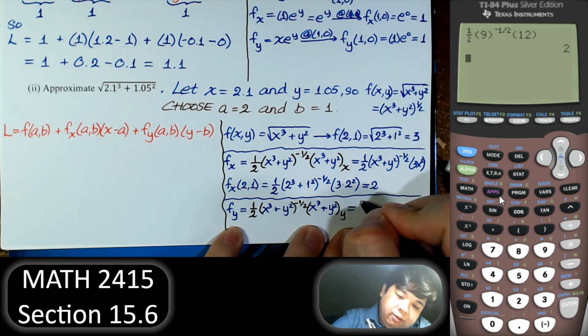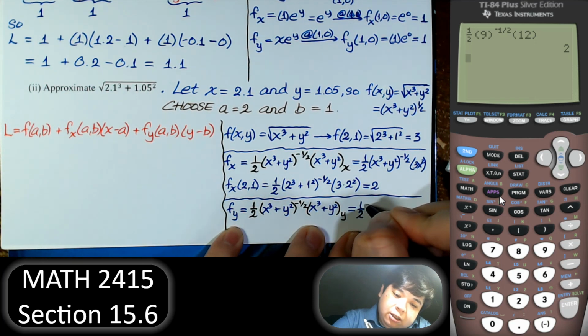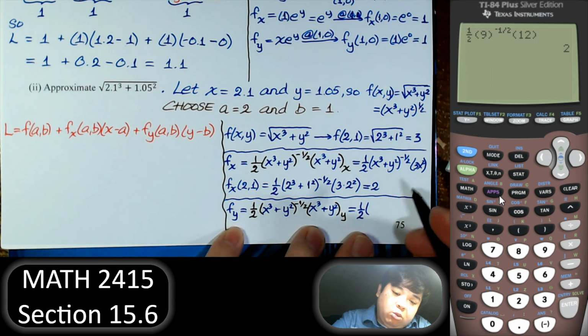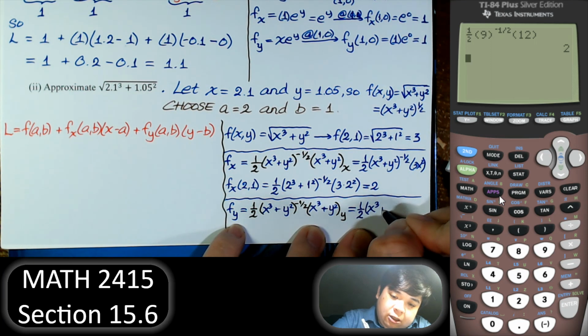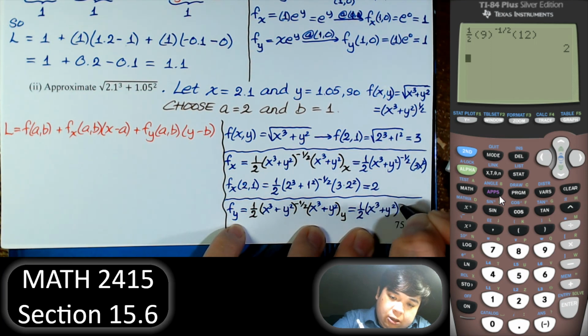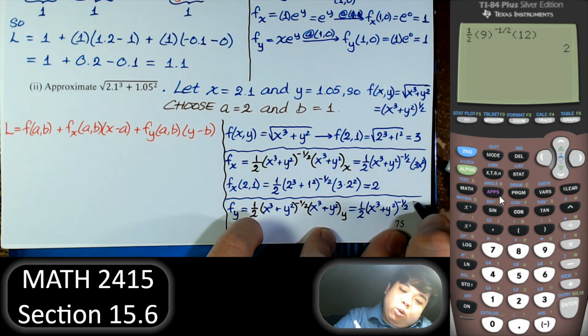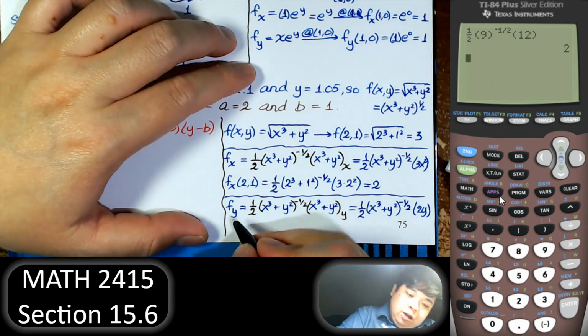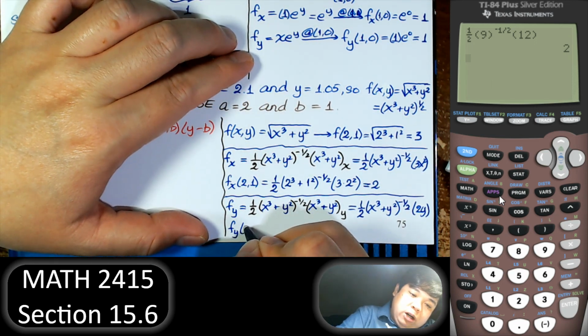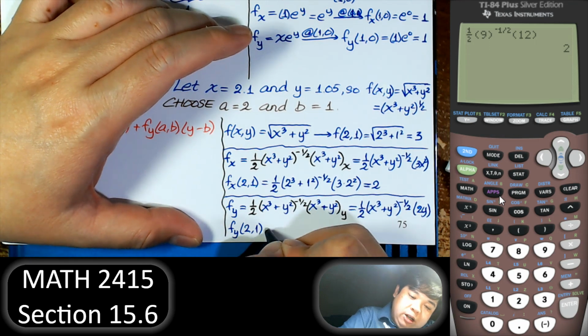So we have 1/2 times x cubed plus y squared to the negative 1/2, and the derivative of y squared with respect to y is 2y. Right, then we put in 2 for x and 1 for y.